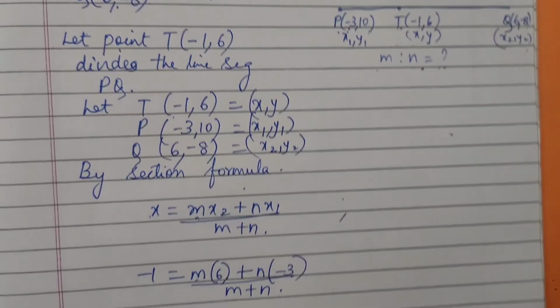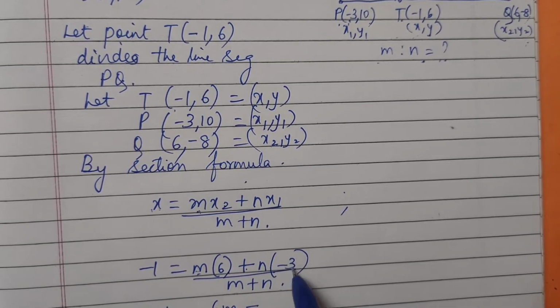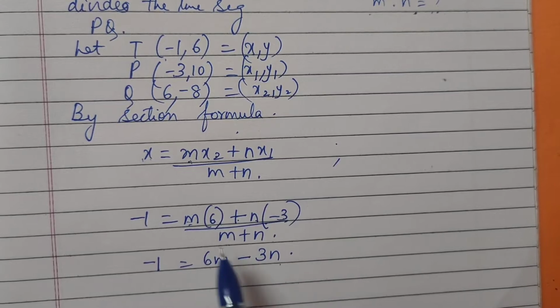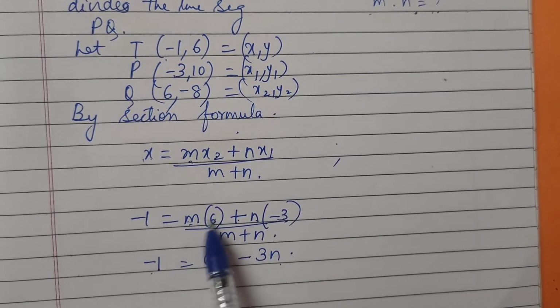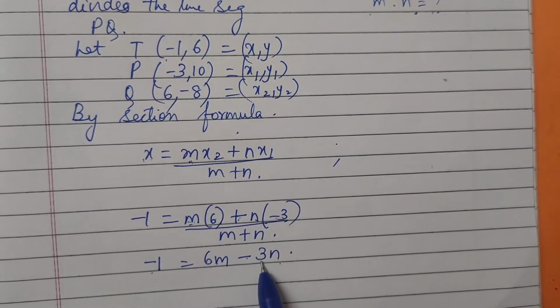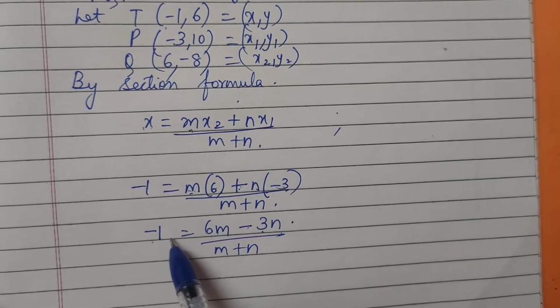So minus 1 equals 6m plus minus 3n, that is 3n, upon m plus n. Now we can cross multiply.